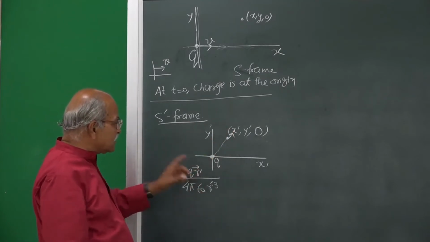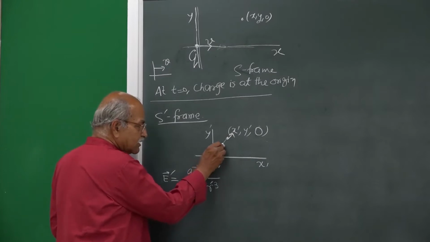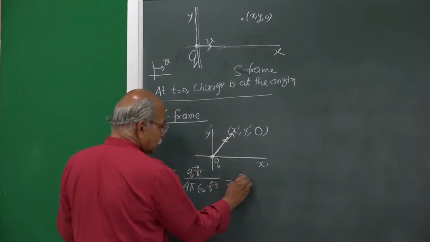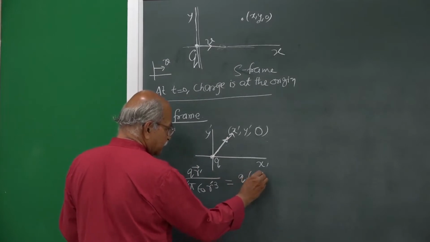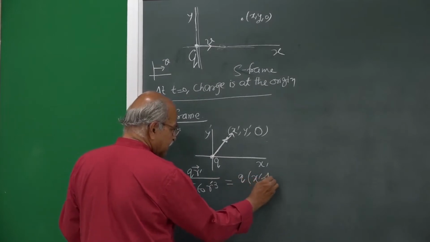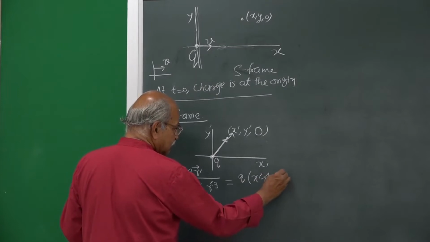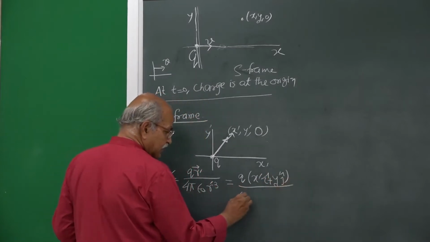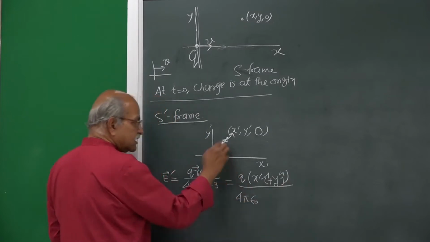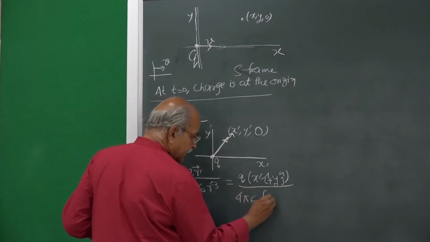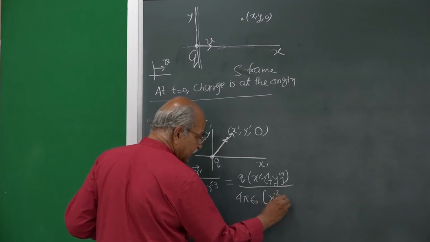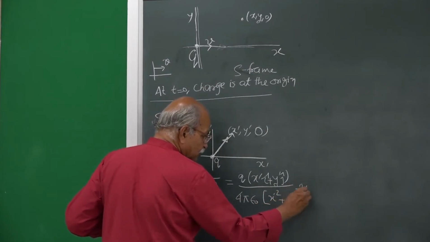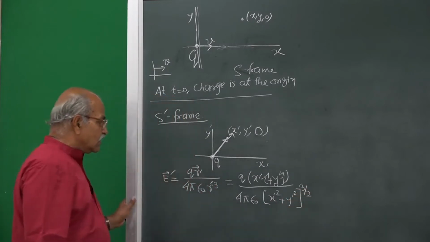This r prime vector is this vector, position vector, which is nothing but x prime i cap plus y prime j cap, and divided by 4 pi epsilon naught, and this distance is x prime square plus y prime square power 3 by 2, right.